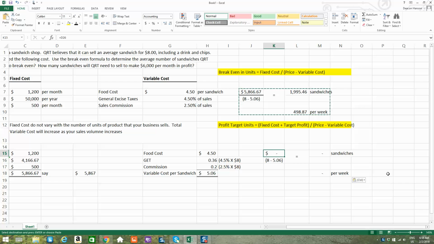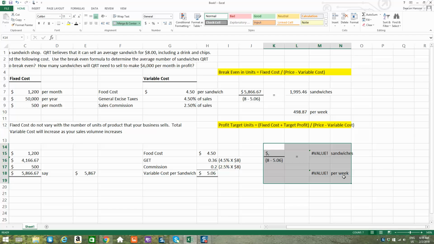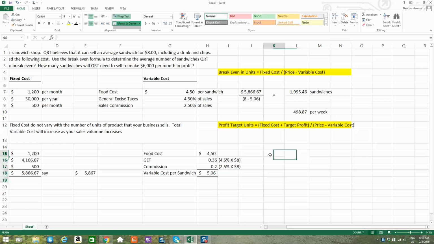Essentially, it would look like this. So you would have 5,866.67 plus the profit target of 6,000, and you would divide all of that by $8 minus 5.06. So your profit target is built in there.